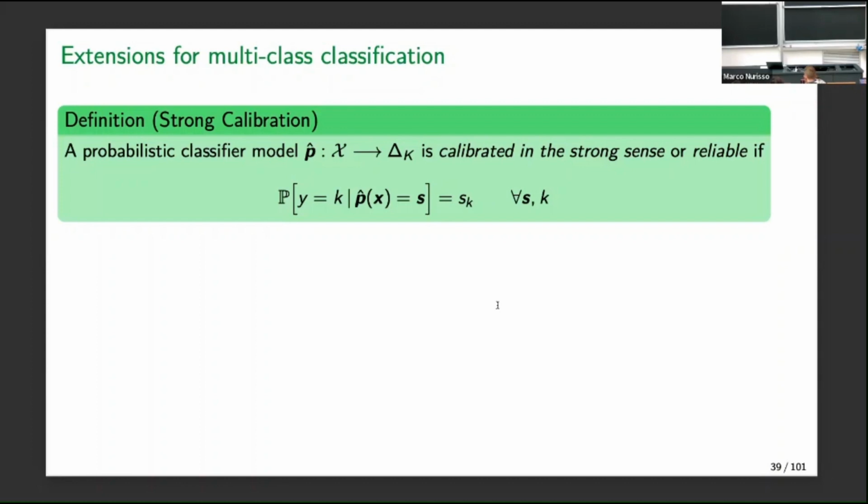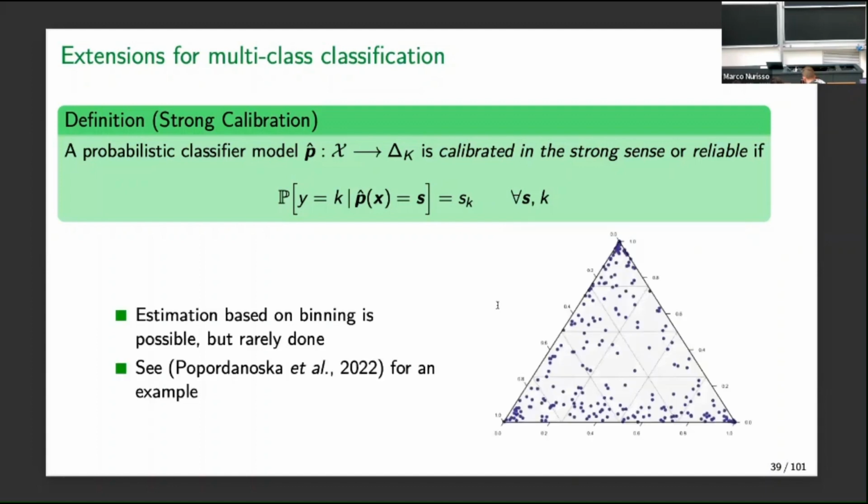And building estimators here that are based on binning becomes challenging. Some people have tried to do that. In this paper, which is actually a recent paper, they propose binning as a kind of baseline. And the problem is that now you have to do binning multidimensionally. You have to do binning over the simplex.